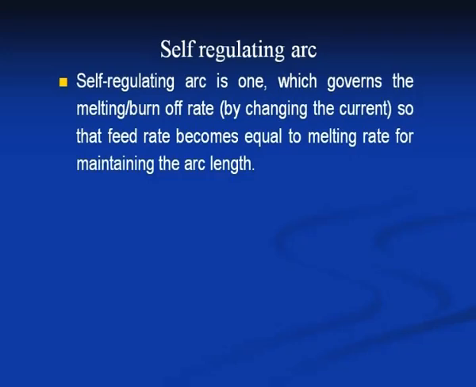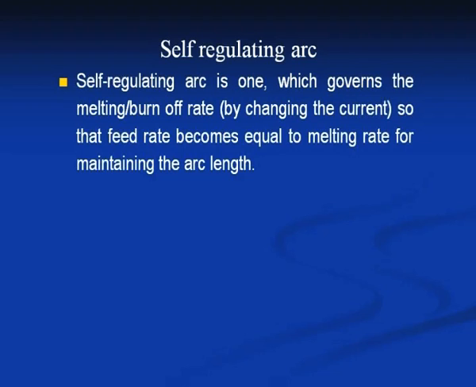So here the self-regulating arc is one which governs the melting or burn-off rate by changing the current, so that the feed rate becomes equal to the melting rate for maintaining the arc length.